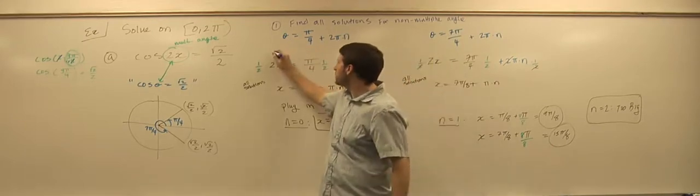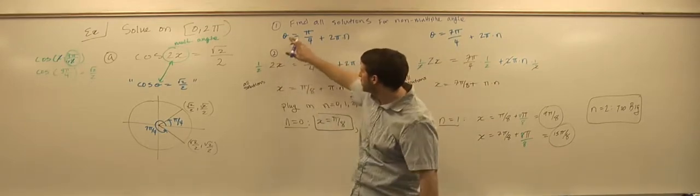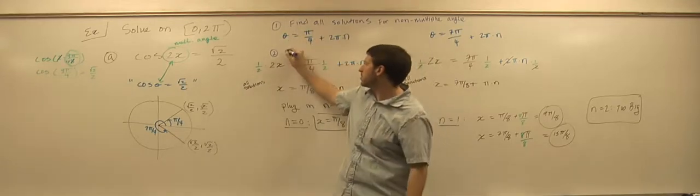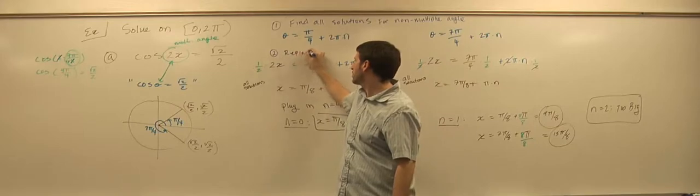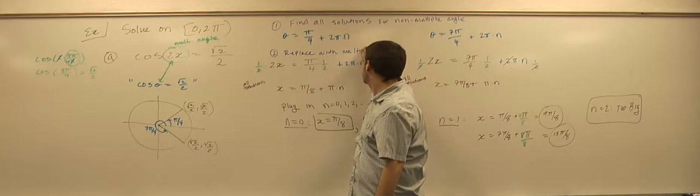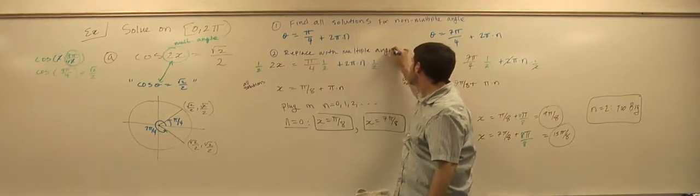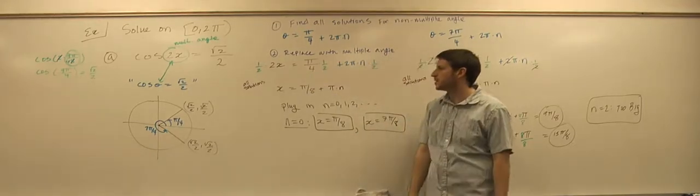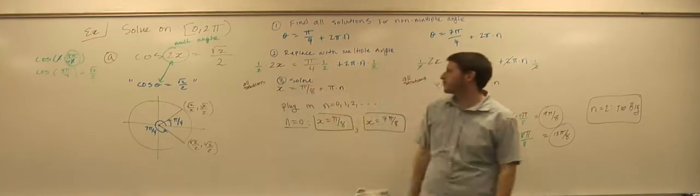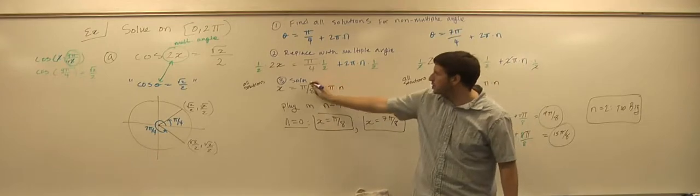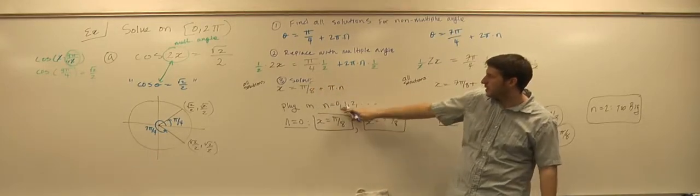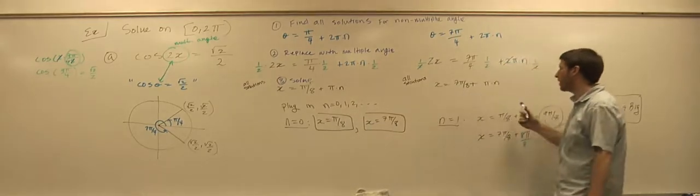Then replace the theta with x's, right? Replace the non-multiple angle with the multiple angle, and solve for x. Once you've solved for x, you'll have a formula for x, and then you can plug in different n values until you get over 2 pi.